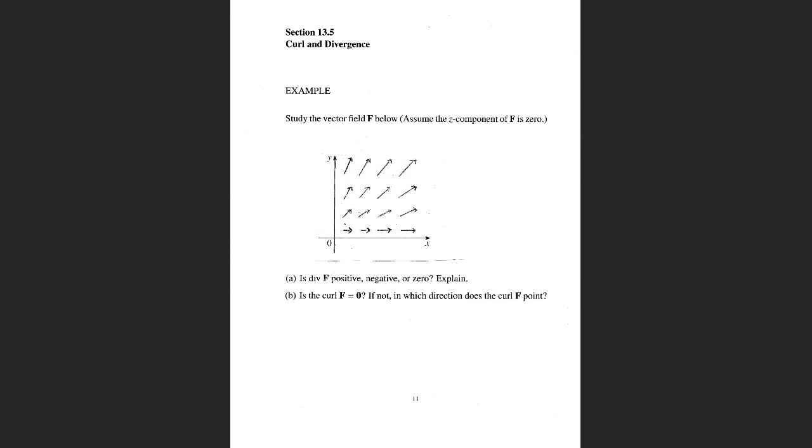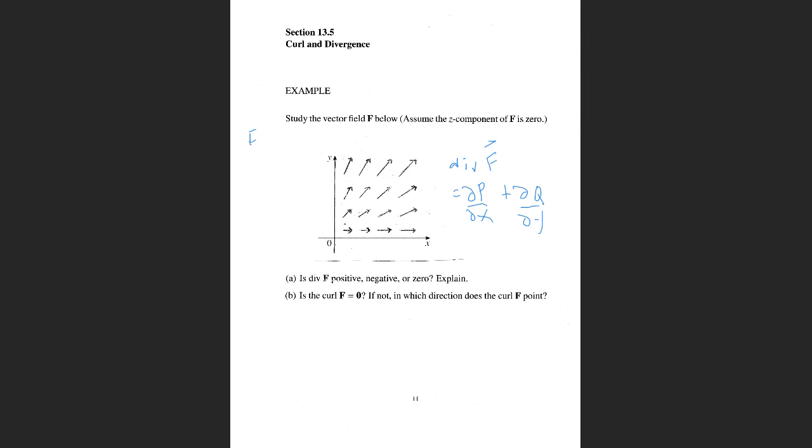Let me write down, again for our problem, the divergence of f is equal to the partial derivative of p with respect to x plus the partial derivative of q with respect to y.